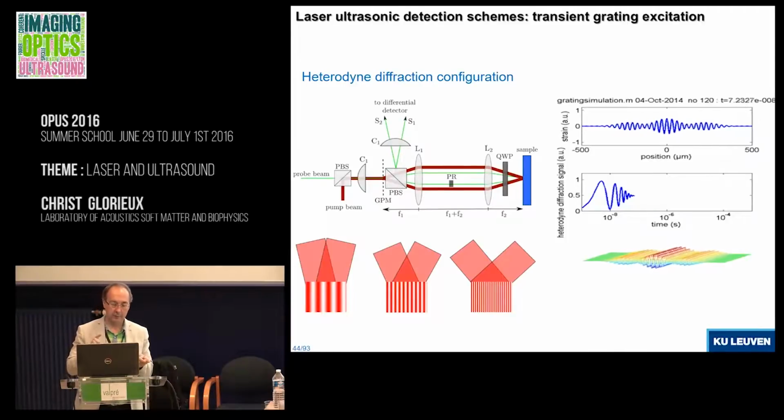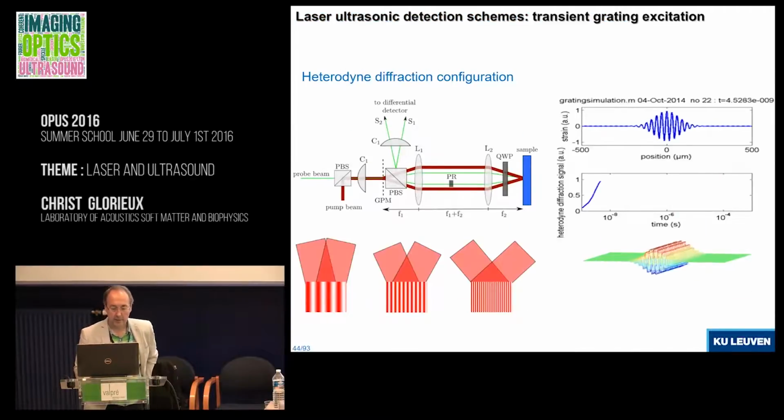That counts for probe beam 1 and also for probe beam number 2. Probe beam number 1 will reflect, but it also will partially diffract and go back all the way, and in the end, because of the beam splitter, it will arrive at the detector.